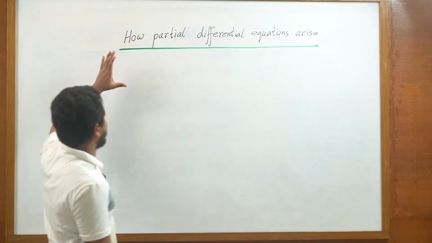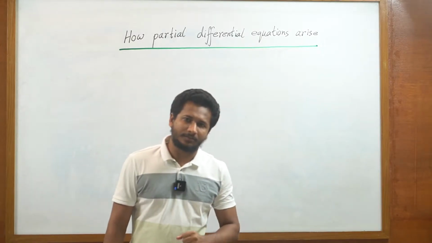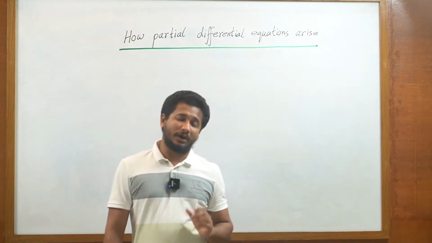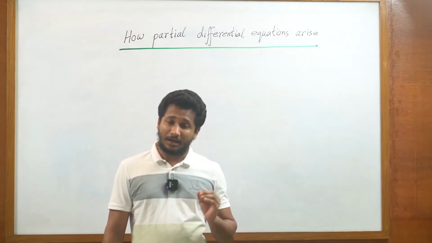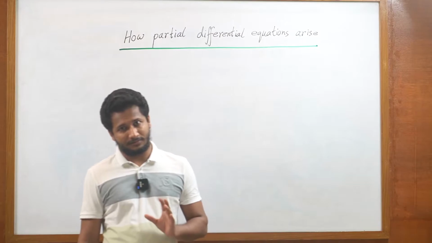Now we will go to the question of how partial differential equations arise. A partial differential equation will arise when we want to remove arbitrary functions or arbitrary constants from an equation.